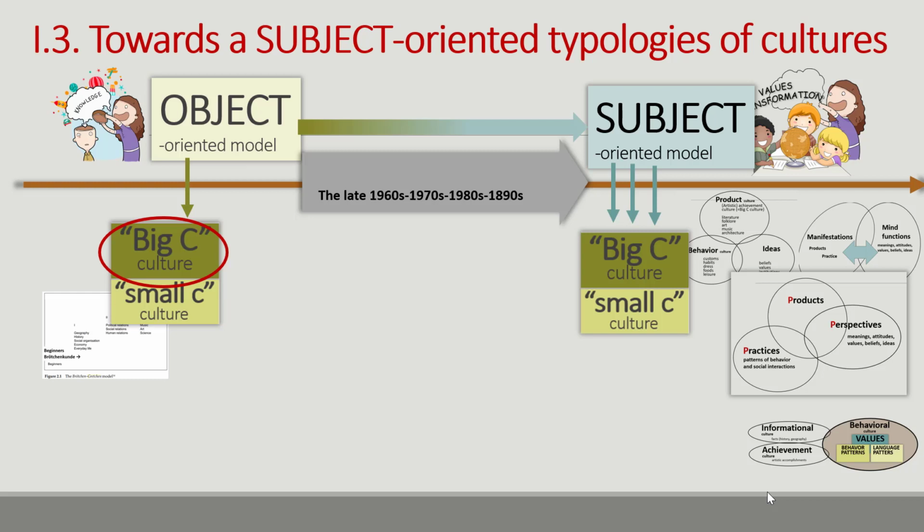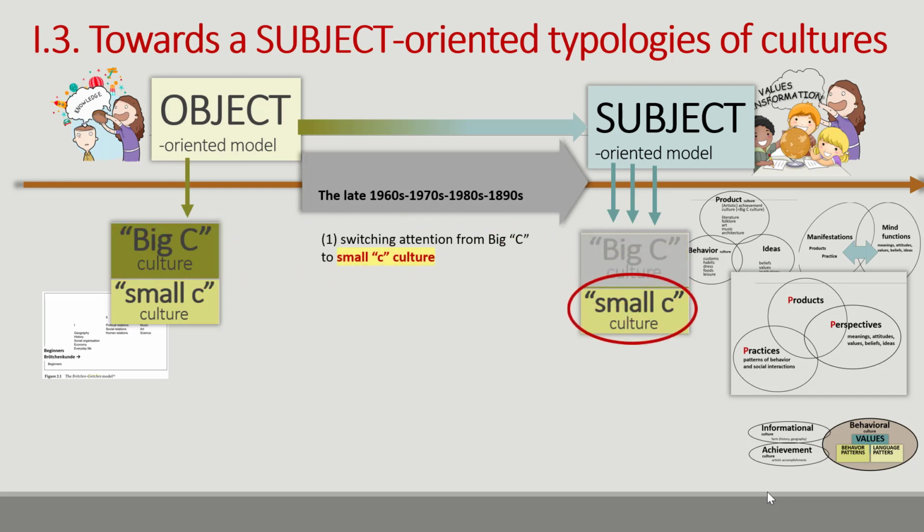In the 1980s and 90s, new typologies of culture in the second language classroom, like Hammerly's typology, tried to revise the big C, small c model, traditionally focused on the big C achievements. First, they switch attention from big C culture to small c culture.